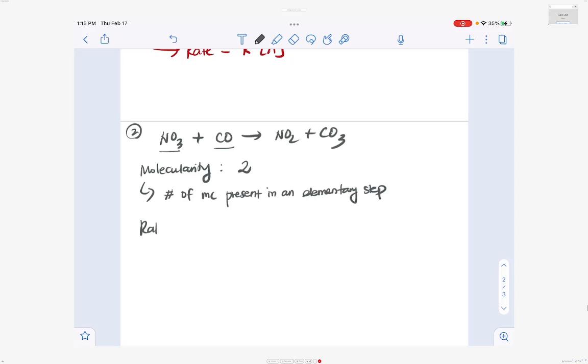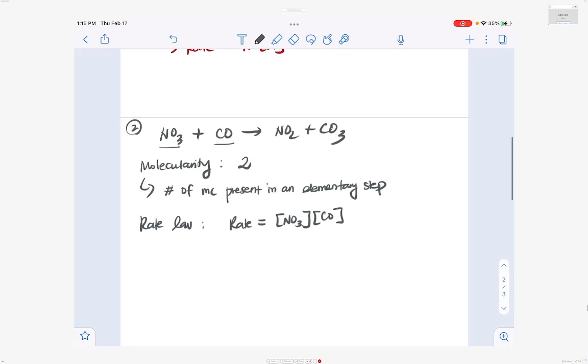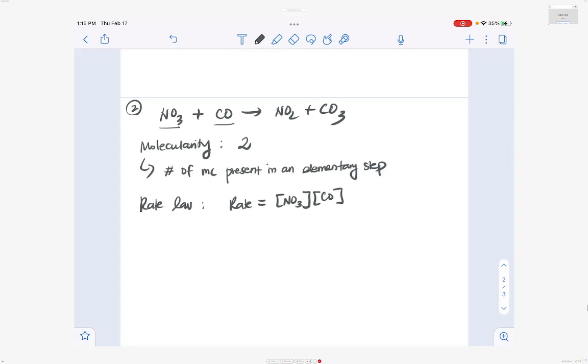The rate law is going to be the concentration of reactants multiplied together. That's it.